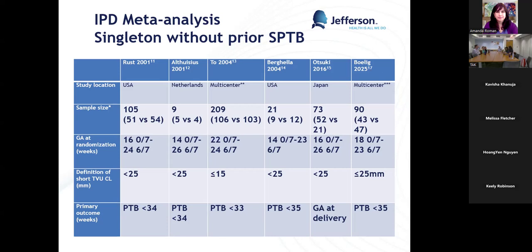The idea of this meta-analysis is also to find out the cutoff, because as you know, in 2017, the prior meta-analysis without Berghella said that at 10 millimeters or less, maybe there was some benefit from cerclage. After that, ACOG, SMFM, and ISUOG came out either saying to consider or recommend cerclage for singleton without prior preterm birth with a cervix of 10 or less.